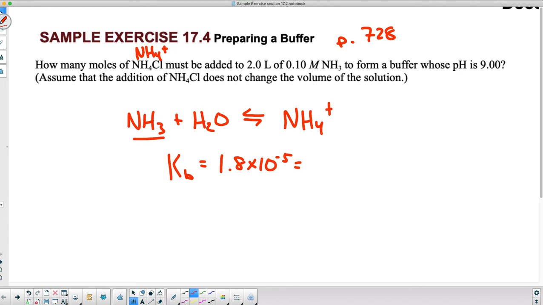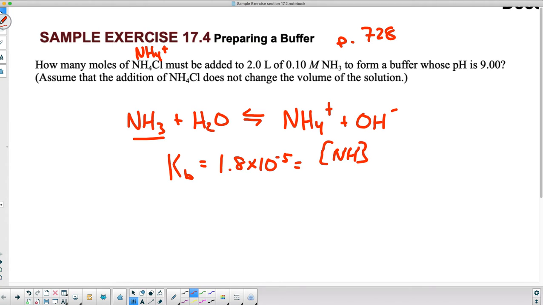And that also equals, if we're looking at this, you can check this out in the book also, NH4, by the way, I left that out of there. That should be NH4 OH minus.